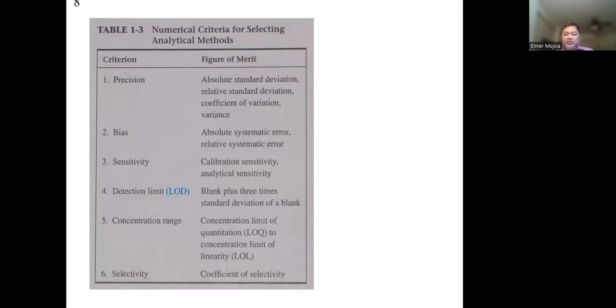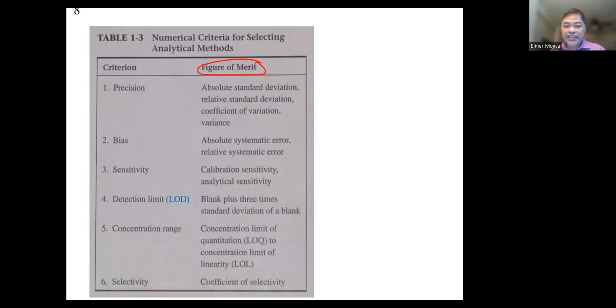Okay, so if you're going to determine what analytical method you're going to use, you have to look at the so-called figure of merit. Hindi pwedeng gamitin lahat.